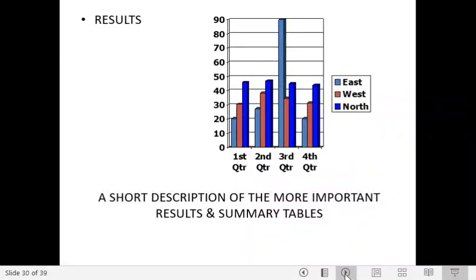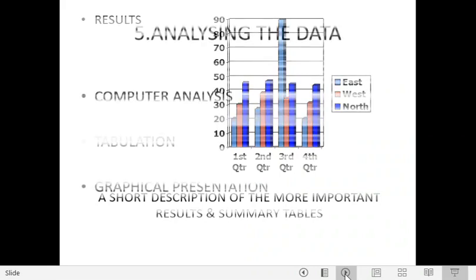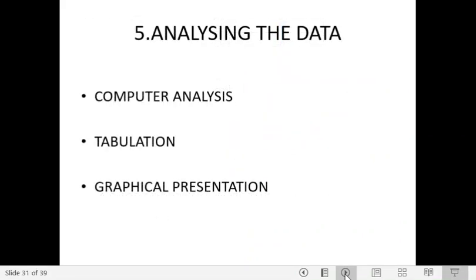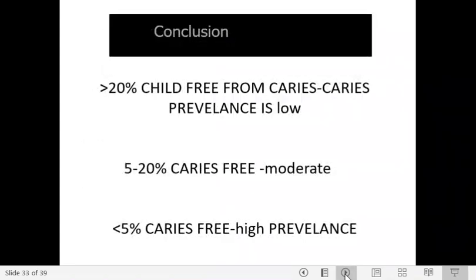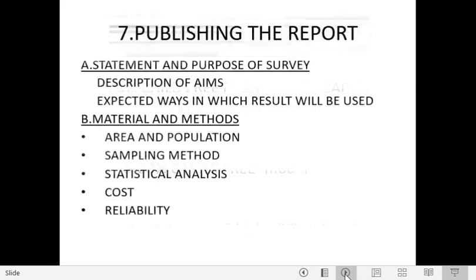The results should be tabulated and graphs should be made. Computer analysis should be carried out. And last, you draw the conclusion specifically related. An example of a conclusion is what is being shown on your screen: if there is less than 5% caries free, then it means that there is a high prevalence of dental caries.